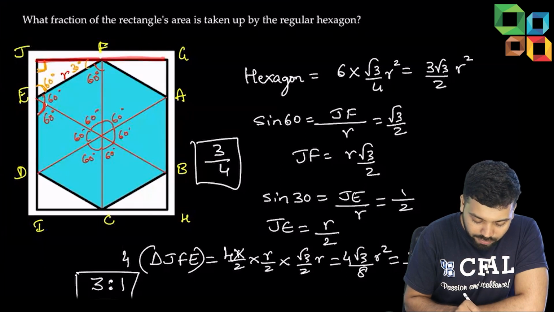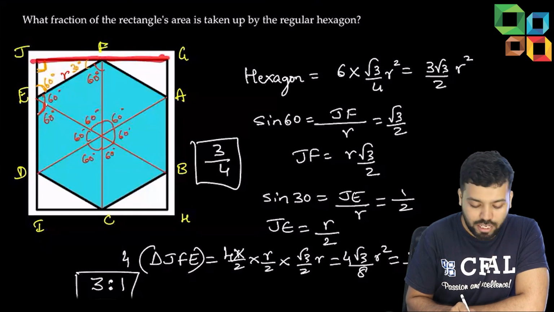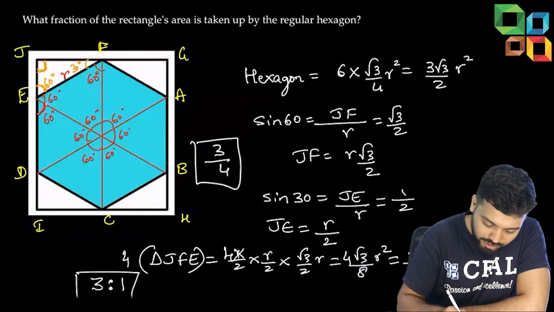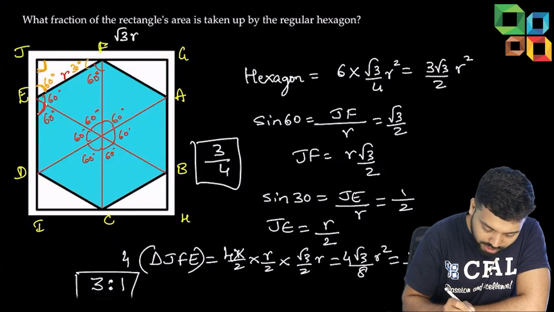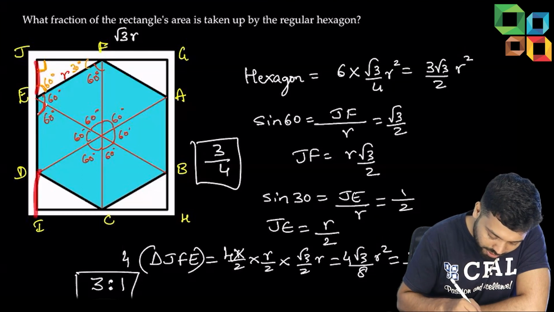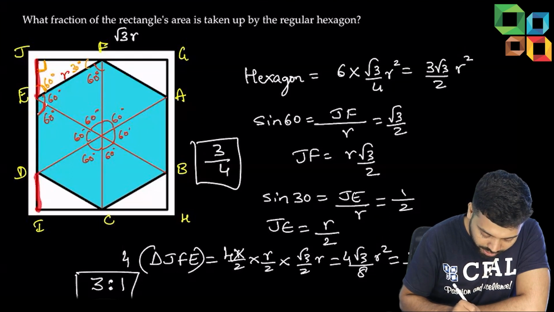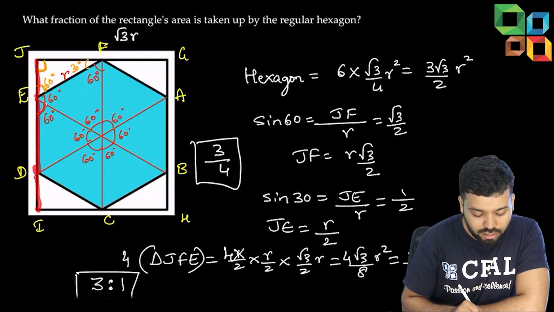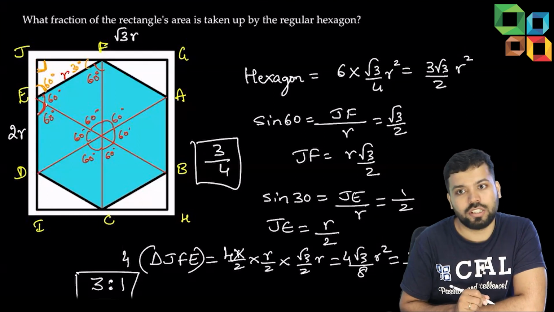This is nothing but root 3 by 2 r, root 3 by 2 r. So this entire length is root 3 times r. Similarly, we know this length: this is r by 2, this is r by 2, this is r. So total length will be 2r. So it is not a square.